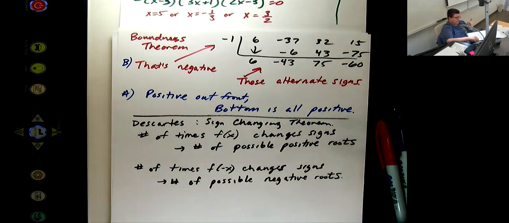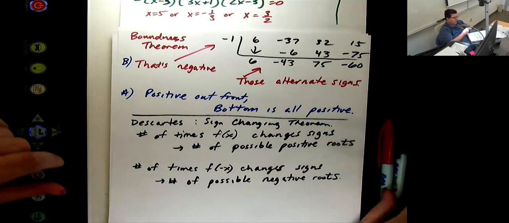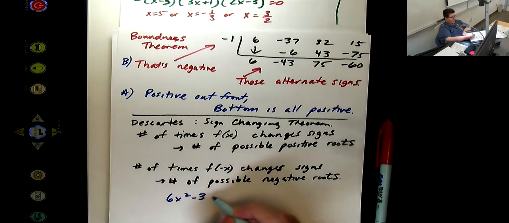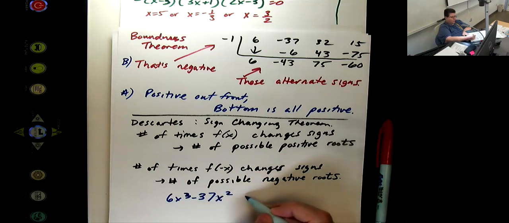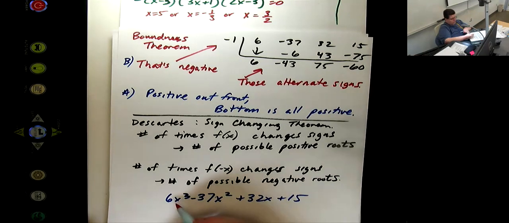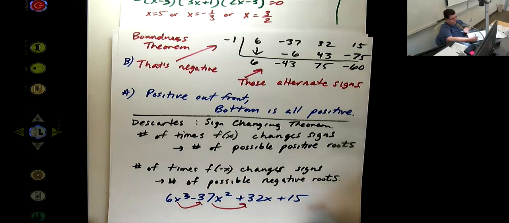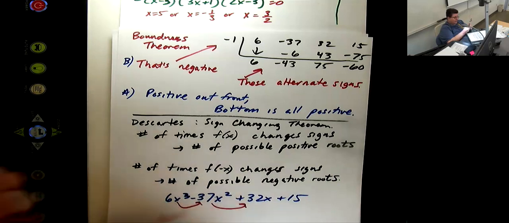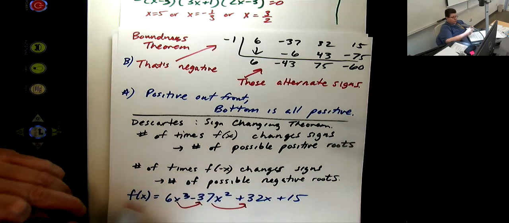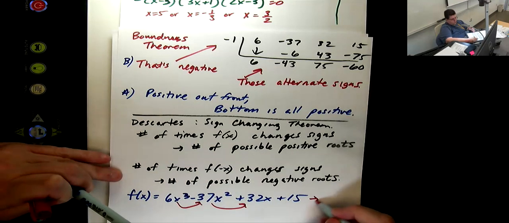We started off with 6x cubed minus 37x squared plus 32x plus 15. This had one sign change, two sign changes. So this is f of x, just regular f of x. So there's at most two positive answers.